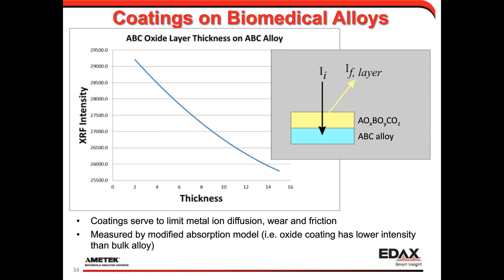We take advantage of that change in intensity to create a calibration curve for thickness. So this is more of a specialized model, something of an absorption model where we're looking at what's happening with the underlying substrate signal as well.